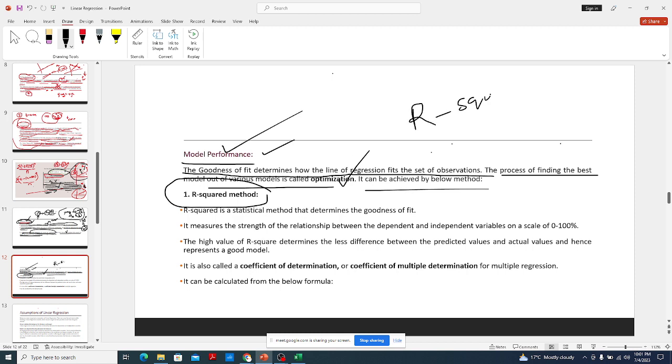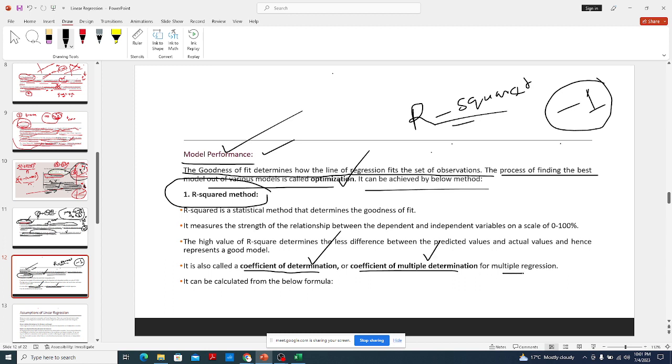If we get a value of R squared close to 1, then we can say this model is a good fit for our data. R squared is also known as the coefficient of determination for simple linear regression and coefficient of multiple determination under multiple regression.